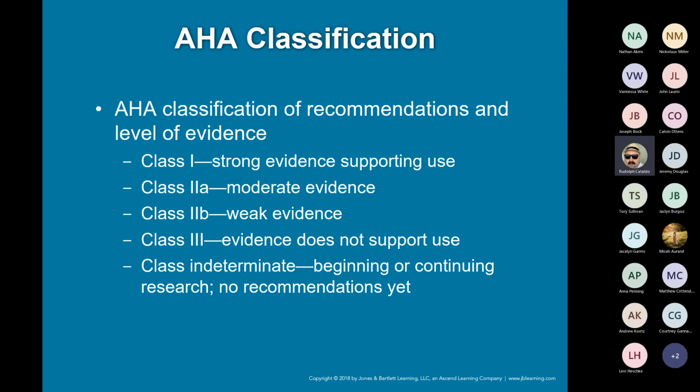That's going to have strong evidence behind it, as opposed to something having weak evidence. Either it's new or there's not enough information behind it yet to say if it has valid evidence behind it. And they might classify that as indeterminate because again, the evidence just doesn't exist yet. So they can't put a stamp to it.